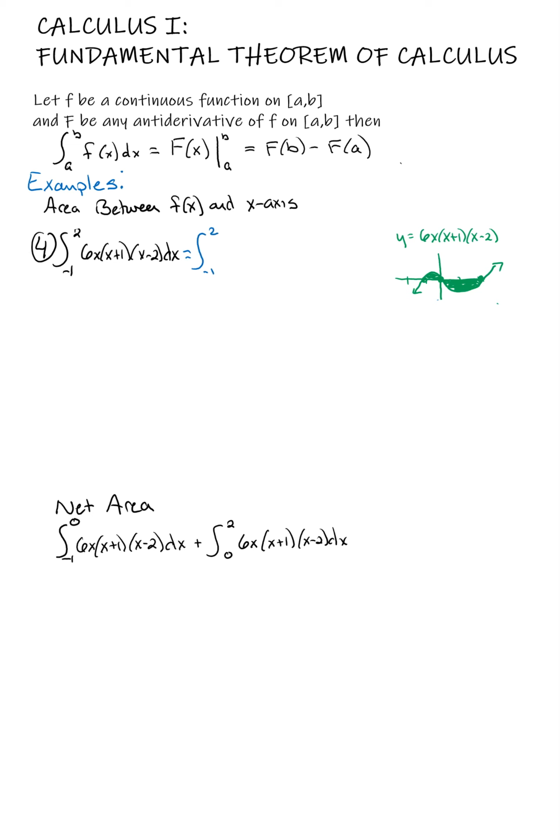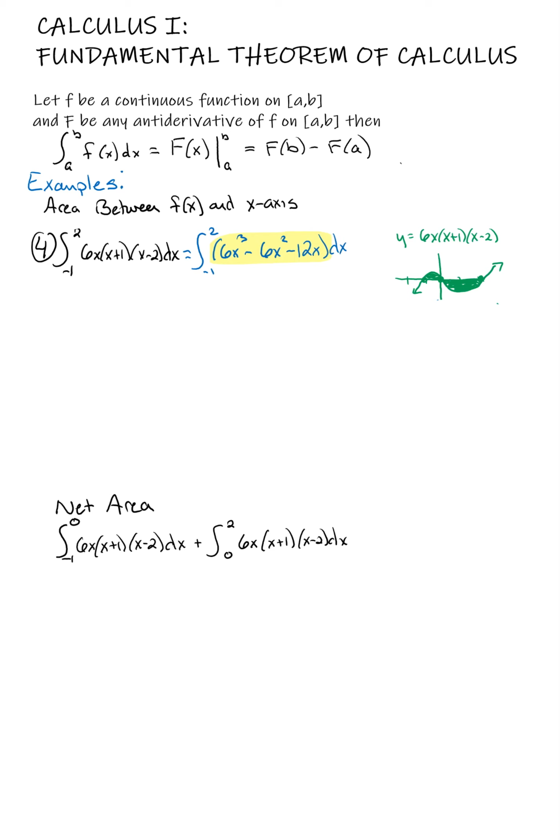So I'm going to take this integrand, multiply, distribute, combine like terms, and we end up with 6x cubed minus 6x squared minus 12x dx.